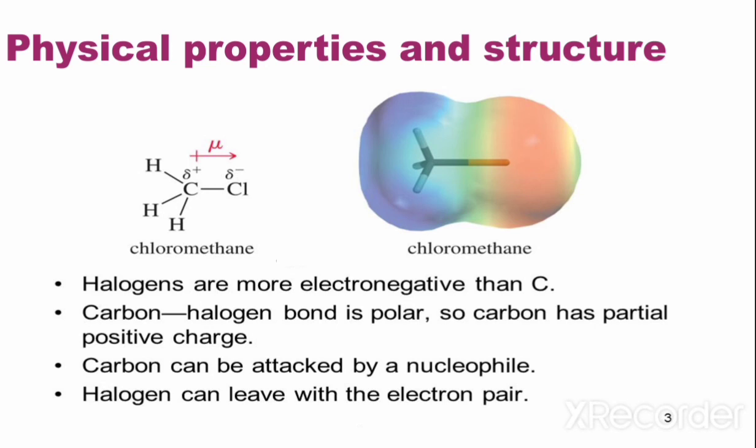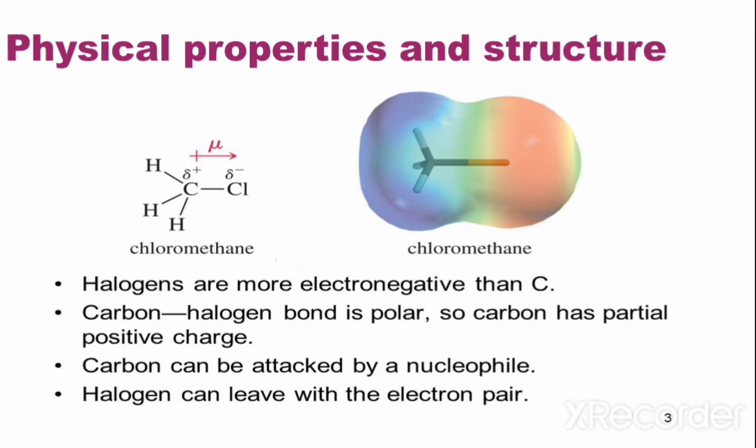So basically the next point is that carbon can be attacked by a nucleophile, because carbon contains a positive charge and the nucleophile contains a negative charge. When the nucleophile is stronger than the negatively charged species that is attached to the carbon atom, it will easily replace it and attach to the partially positive carbon.